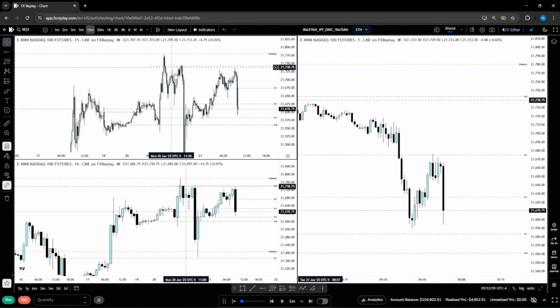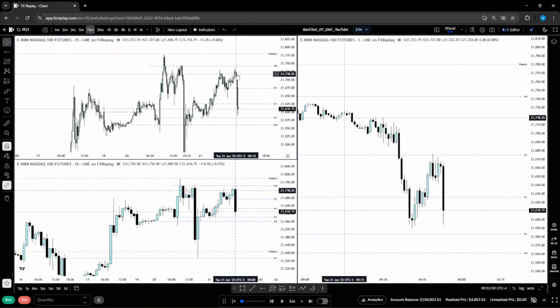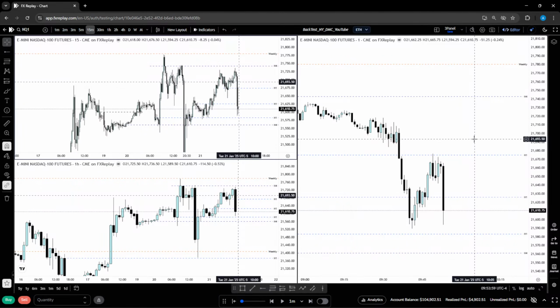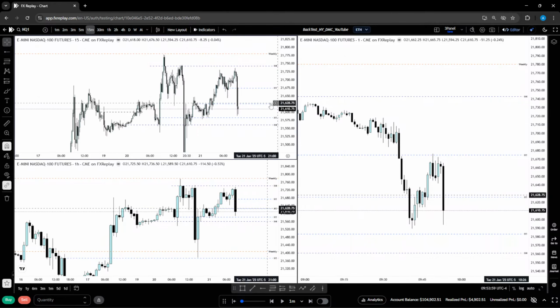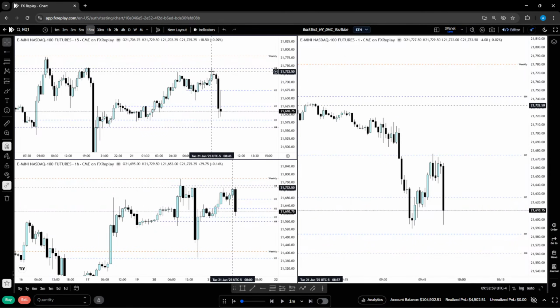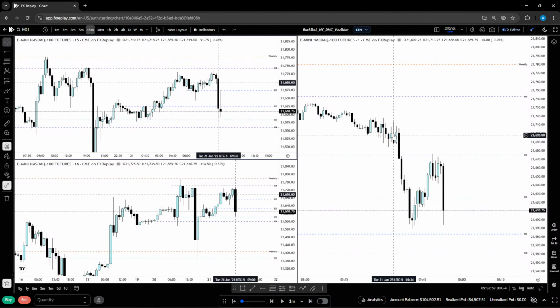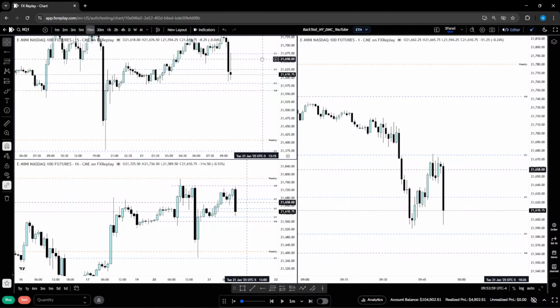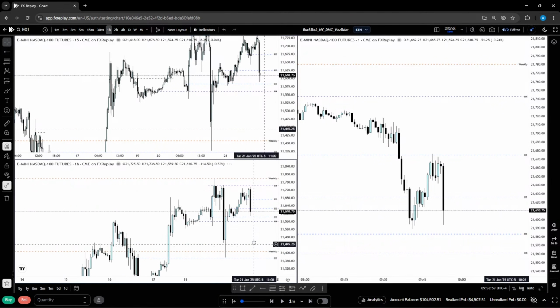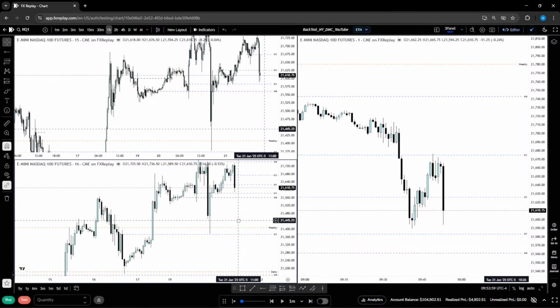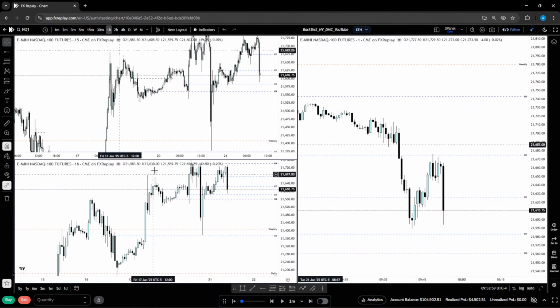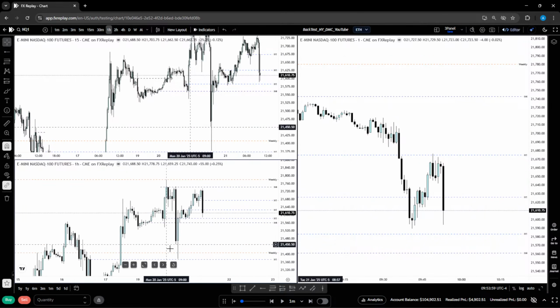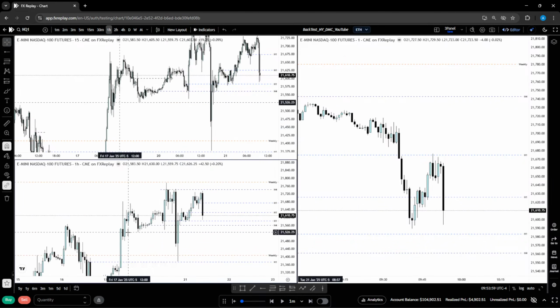On the other hand, we're getting failure swings and dropping, failure swings and then dropping. We had a low, we had a high, we had a low, we had a high, we had a high, so this would have been a low.